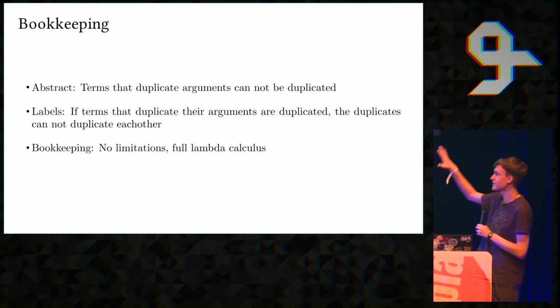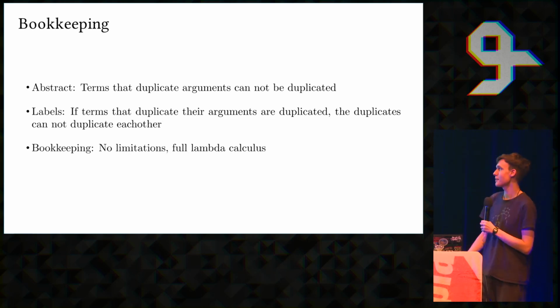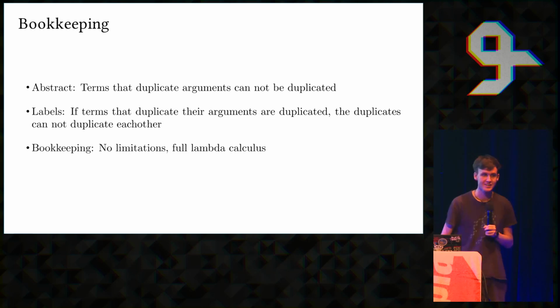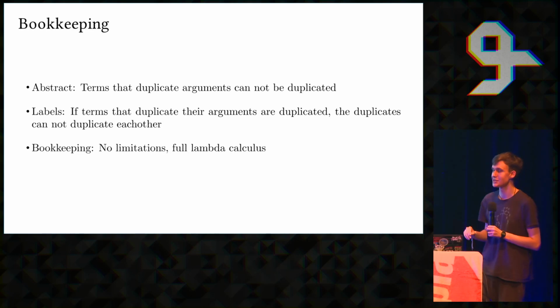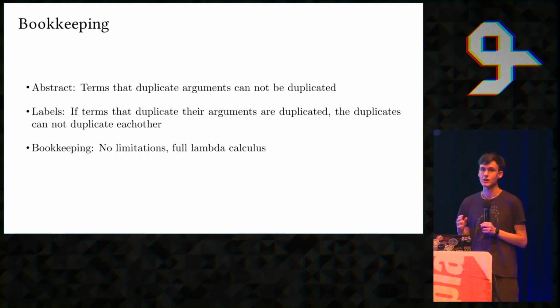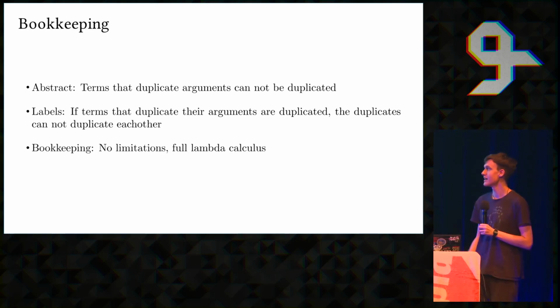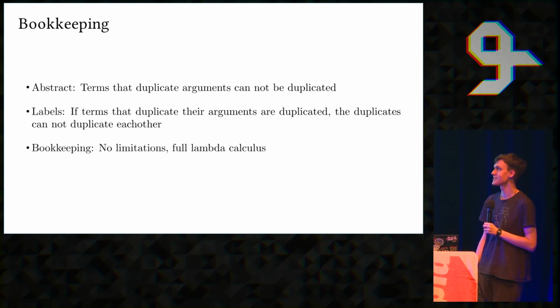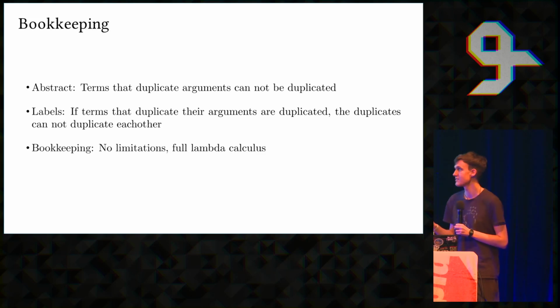It's this confusing sentence: if terms that duplicate the arguments are duplicated, the duplicates cannot duplicate each other, which is much more rare. So this will actually not happen in most cases. So that's why this system with labels is already really good for actually computing your programs in parallel and in a massive way, because then you can just use these interaction rules and just have to be careful of the labels, but otherwise it's fine.